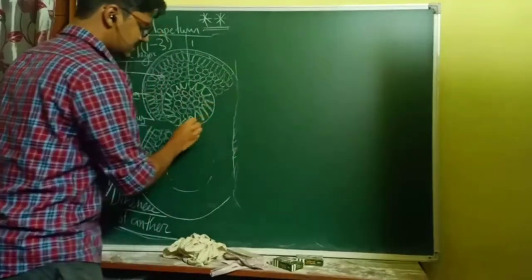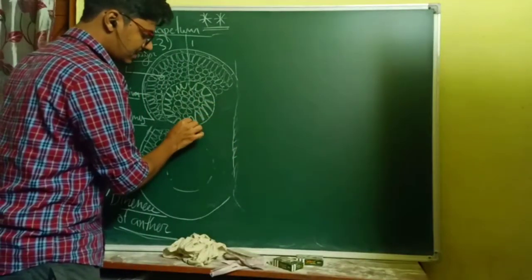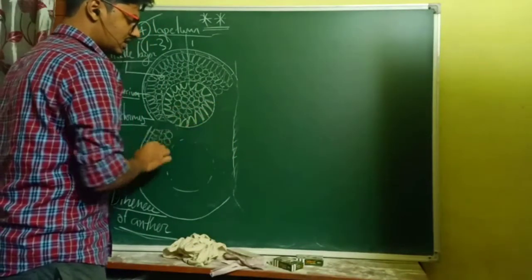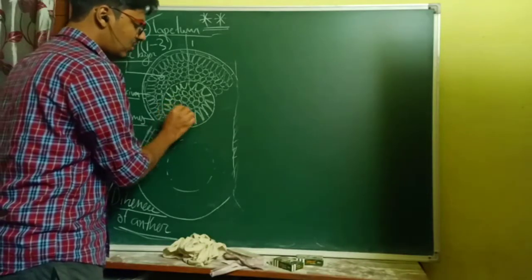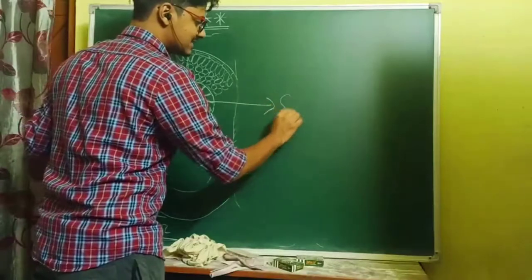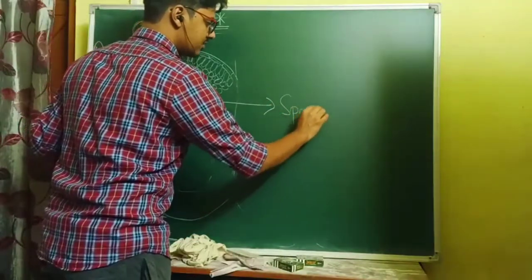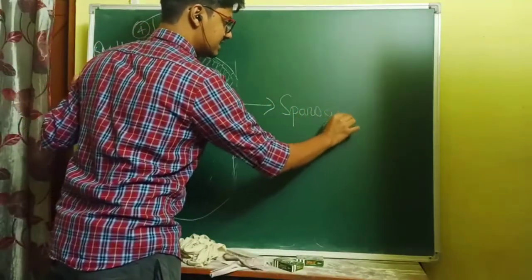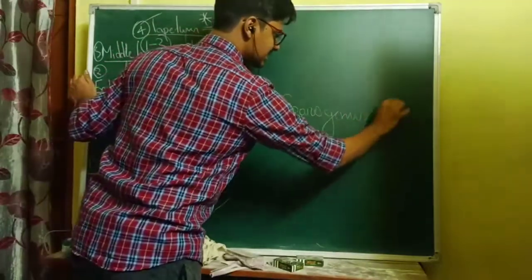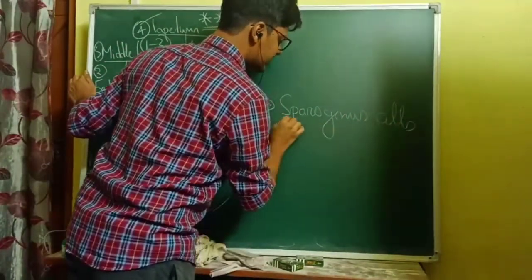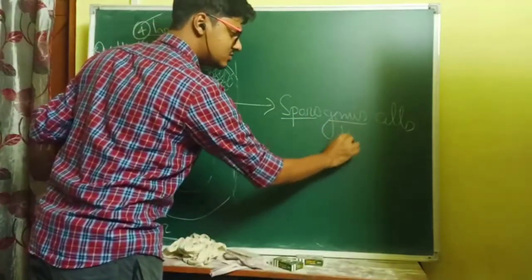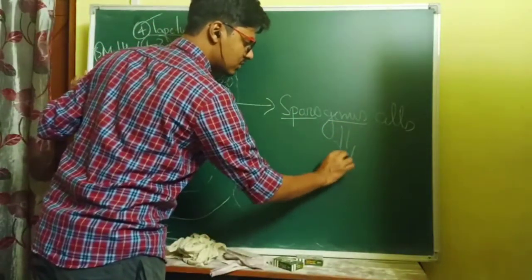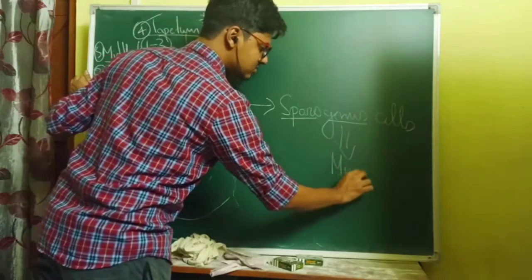Now you may ask, sir, you have told about this layer, what about the cells which are inside? What are they called? They are called sporogenous cells. From the name itself it should be clear. Sporogenous cells will give rise to the microspore.